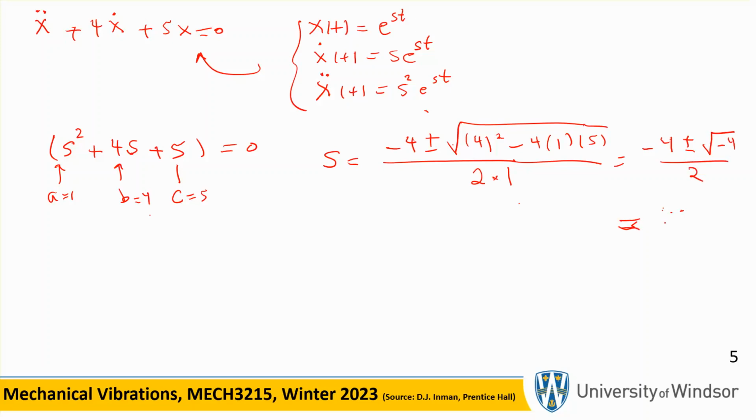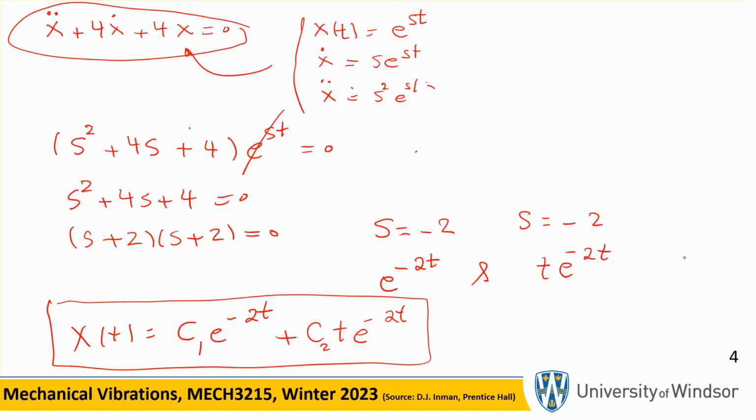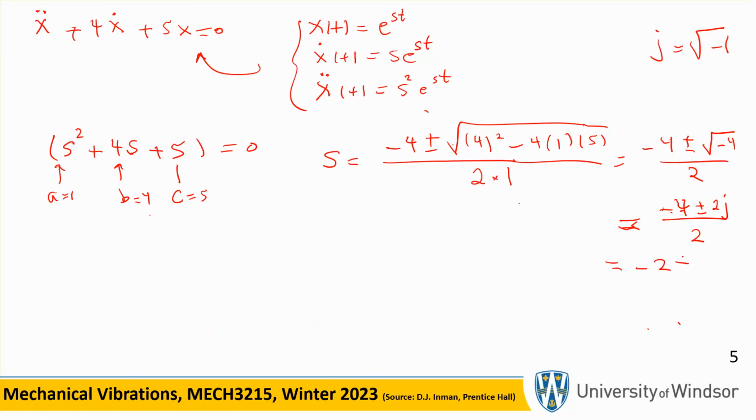Now, this is minus 4 plus or minus 2j over 2. Now, j means square root of minus 1. Okay, so if you clean this up, you get two complex roots. So it's going to be minus 2 plus or minus j.